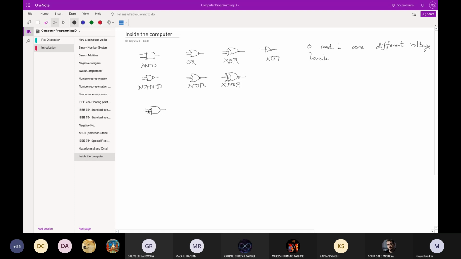You will pass high voltage through both the inputs, and the output voltage also becomes high, so you treat that output as 1. Now if you make the voltage level on any of the inputs low, the transistors have been set up in the gate.